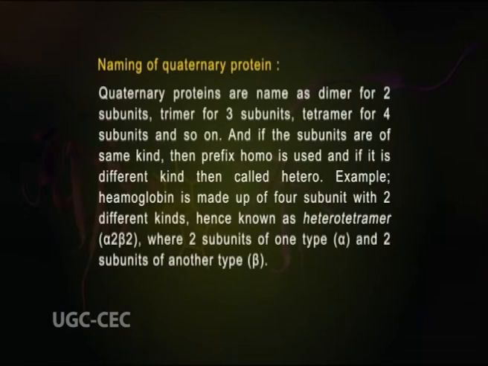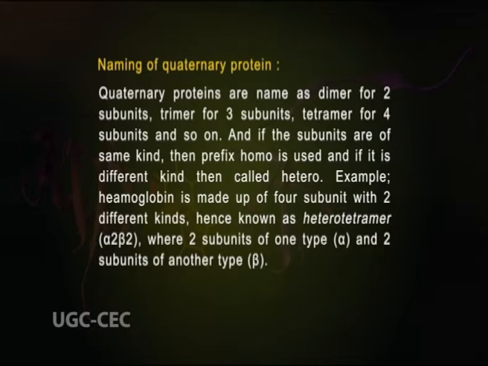Quaternary structure is stabilized by non-covalent interactions such as hydrophobic interactions, electrostatic interactions, hydrogen bonds, as well as covalent disulfide bonds. Now, naming of quaternary proteins. Quaternary proteins are named dimer for 2 subunits, trimer for 3 subunits, tetramer for 4 subunits, and so on.